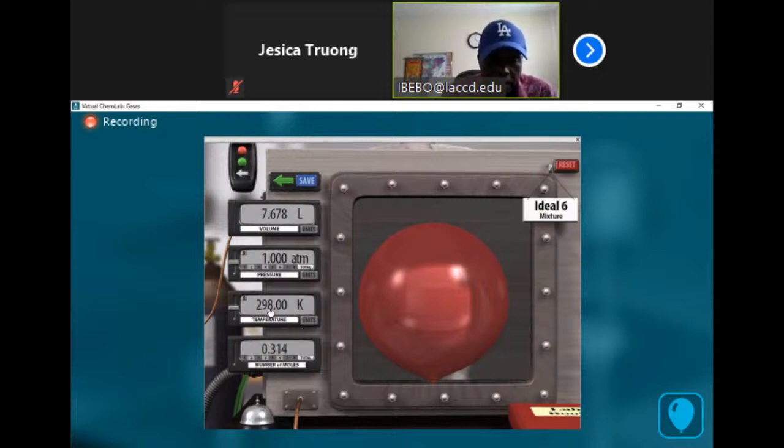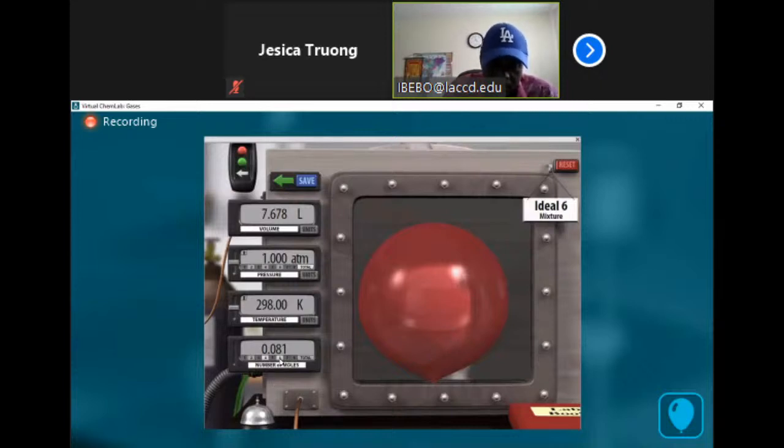And then you skip the temperature, which should be constant. You go to the number of moles. If you click on gas number 2, it should tell you the number of moles of gas that you added. You click number 4, it tells you the number of moles of that gas that you added.